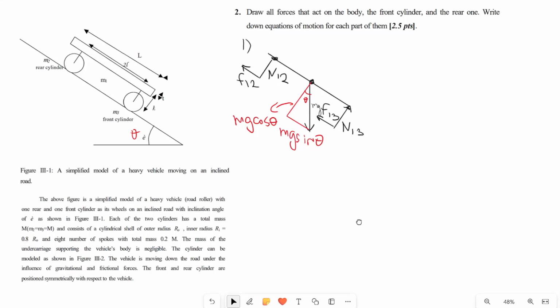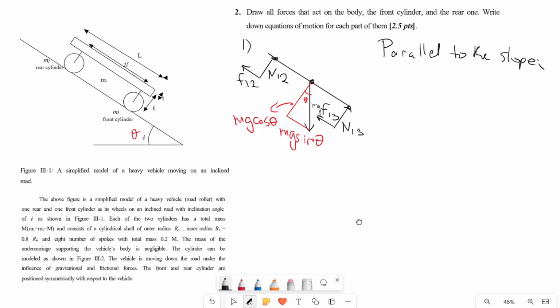We can now start resolving in both the perpendicular and the parallel direction. So I'm just going to start off with the direction which is parallel to the slope.